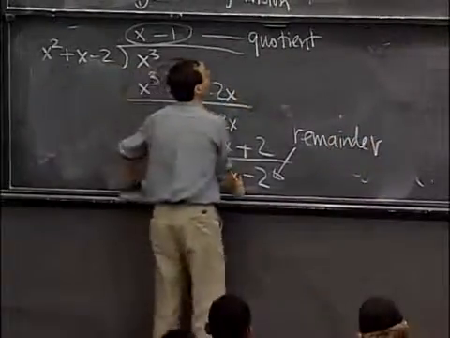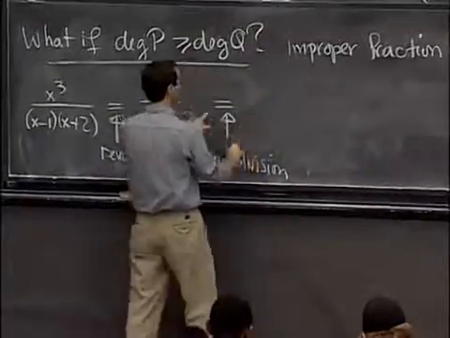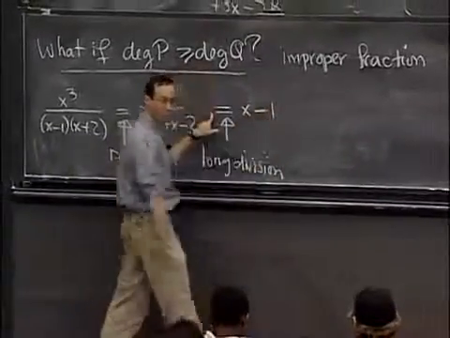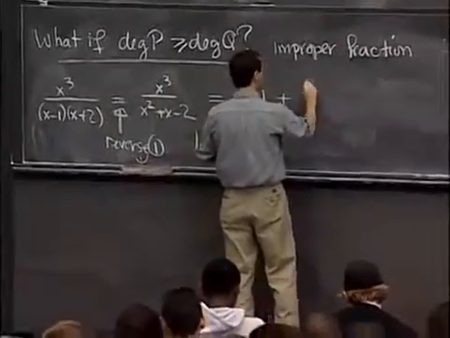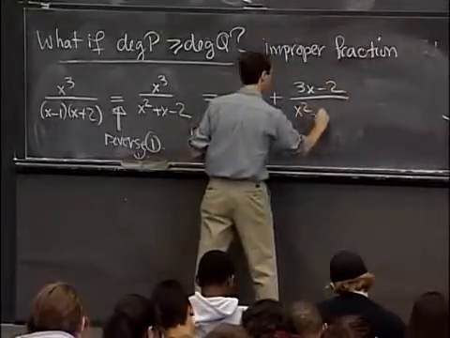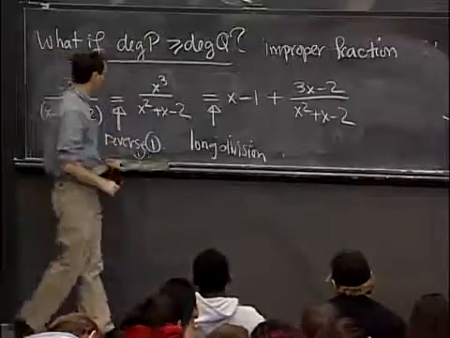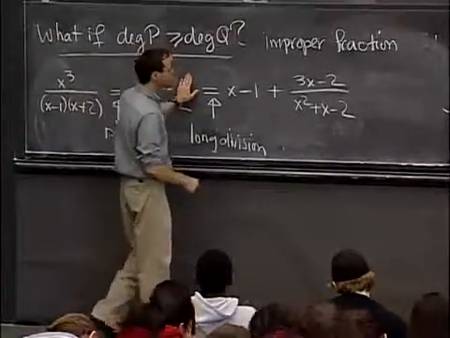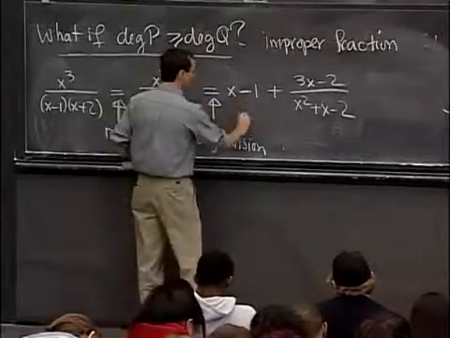And now, I'll show you how it works by sticking it into the answer here. The quotient is x minus 1. And the remainder is 3x minus 2 divided by x squared plus x minus 2. All right? So the punchline here is that this thing is easy to integrate. Right? This is easy.